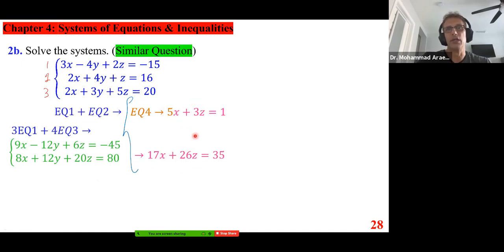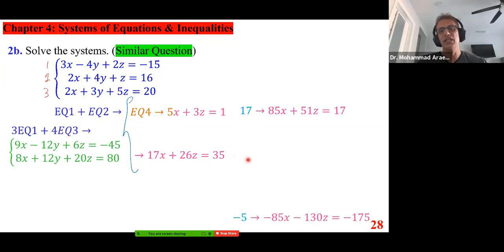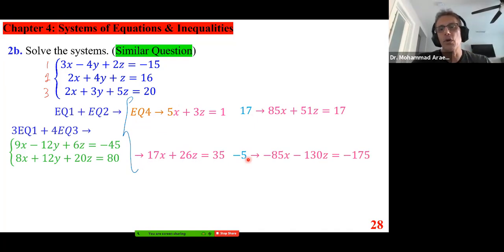So for example, if we multiply the first one by 17, we get 85x plus 51z equals 17. So if I'm multiplying by 17, that means I'm trying to get rid of the x. Now this one, I want to multiply by 5, but this time negative, okay, because I want to undo that. So I'm going to multiply by negative 5, which results in negative 85x minus 130z minus 175.